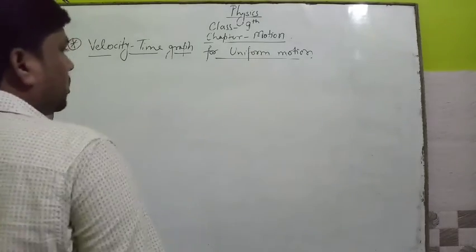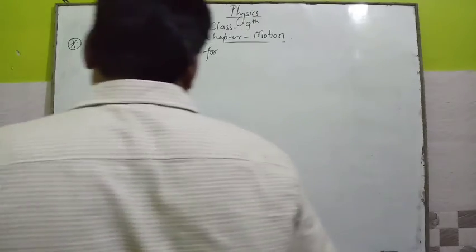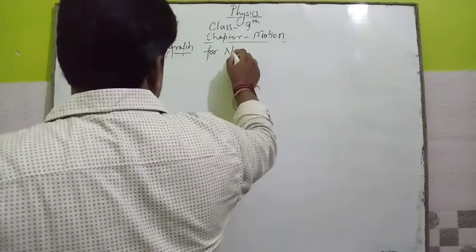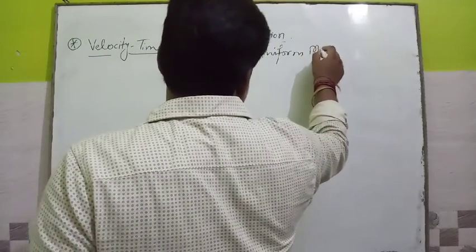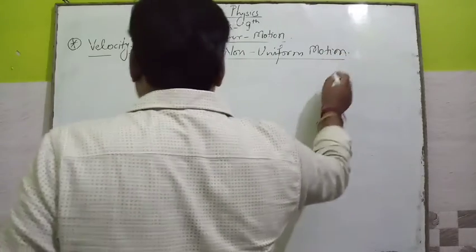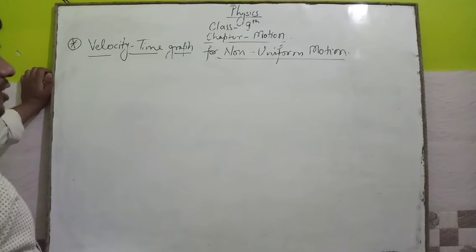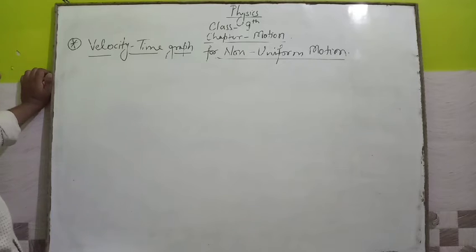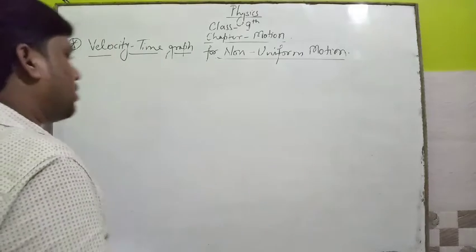Velocity graph for non-uniform motion, in which velocity varies with time. Velocity varies with time, but this variation is either in increasing order or in decreasing order.